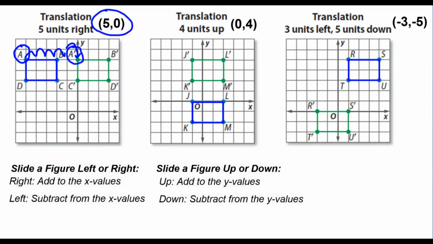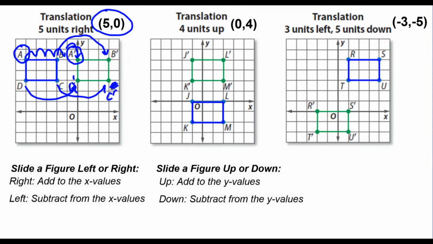That means A prime, the new A point. Likewise, if we add 5 units to the B value, we get B prime. And if we add 5 units to the D value, that's actually an error here. That should be D prime. And then adding 5 here, that should be C prime there.